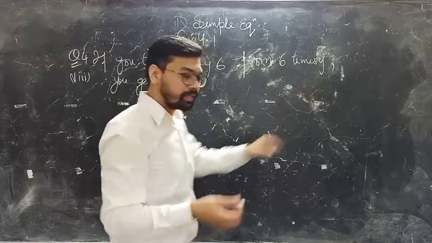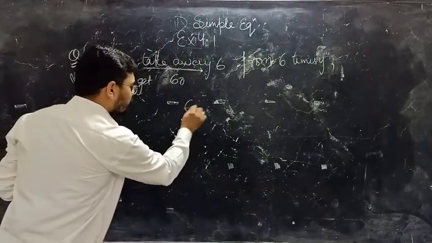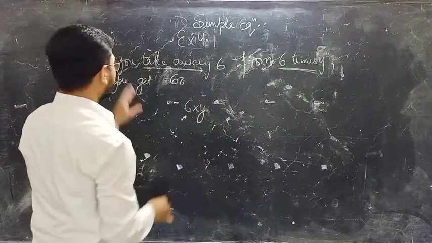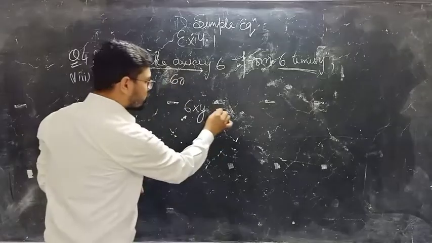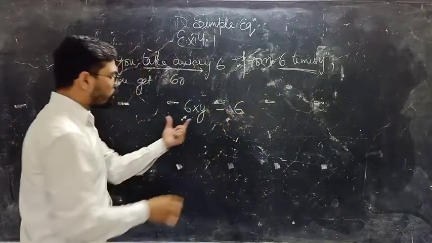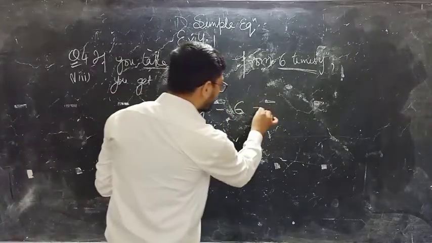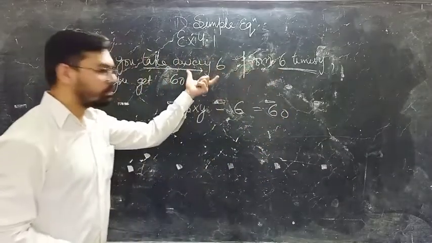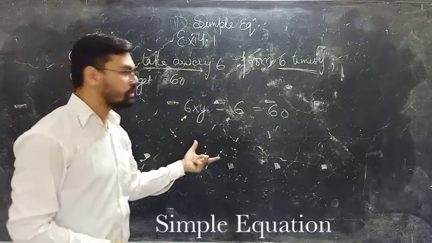From 6 times y. If you subtract 6 from 6 times y, you get 60. So just read this statement, and on that basis you need to form an equation.